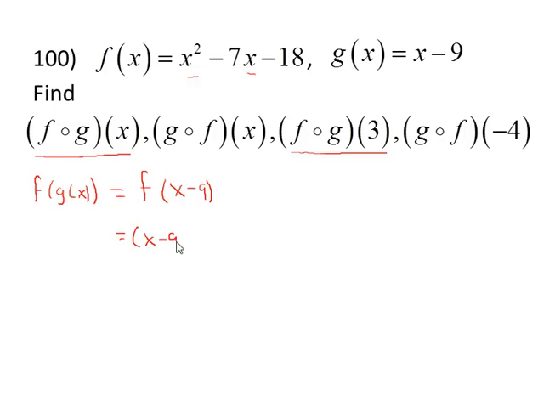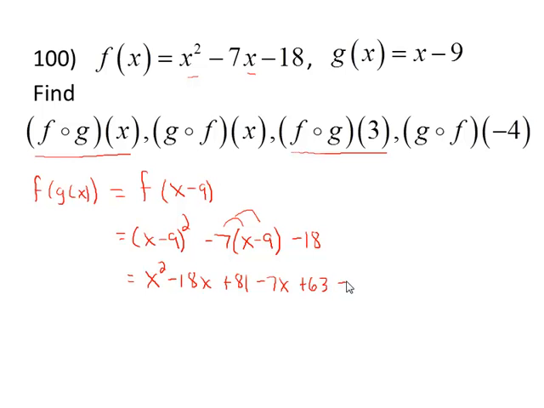That's going to be x minus 9 squared minus 7 times x minus 9 minus 18. x minus 9 squared, x minus 9 times x minus 9, becomes x squared minus 18x plus 81. Distribute the negative 7: minus 7x plus 63 minus 18.